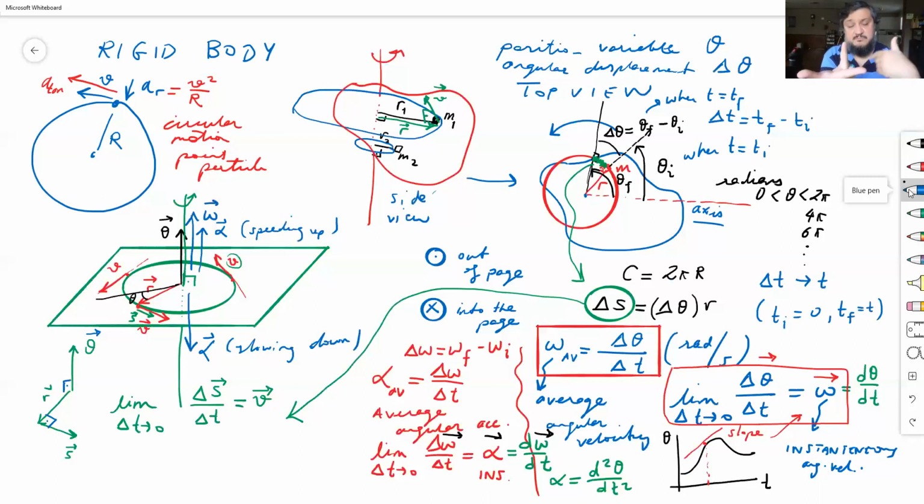Or you can change the order. Index cross middle gives you thumb. Or the vector represented by the middle finger, cross product of that with the vector that is represented by the thumb will give you the direction of the product vector, right? It's a cyclic relationship.